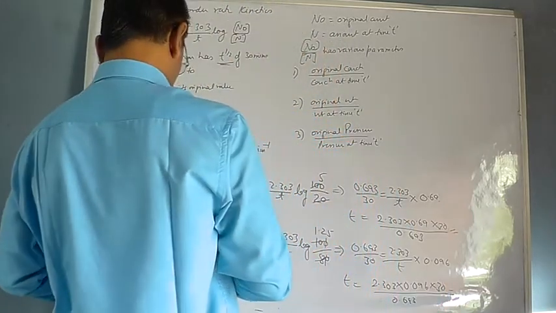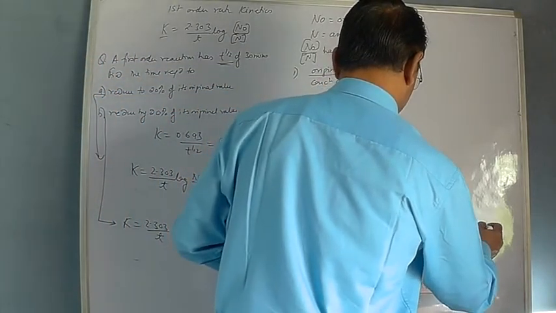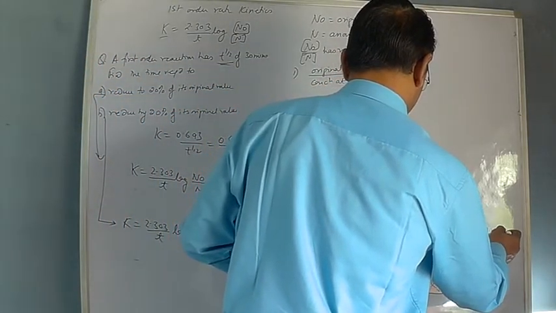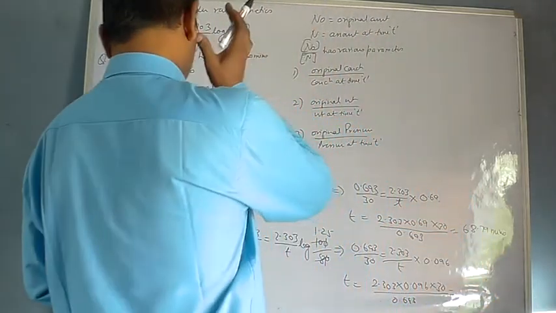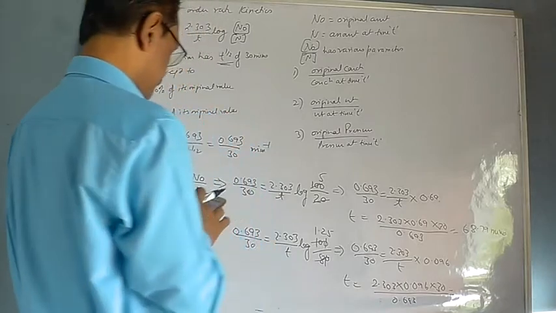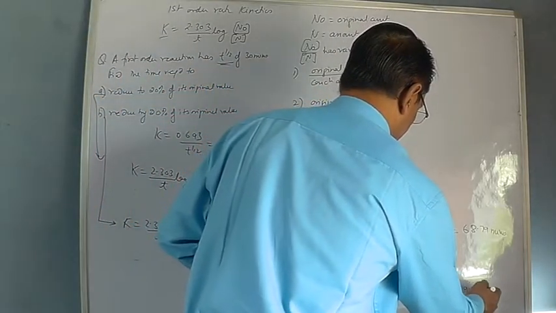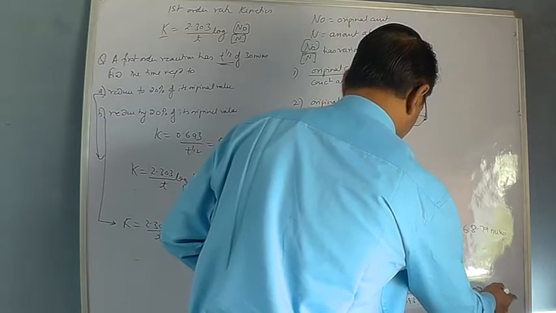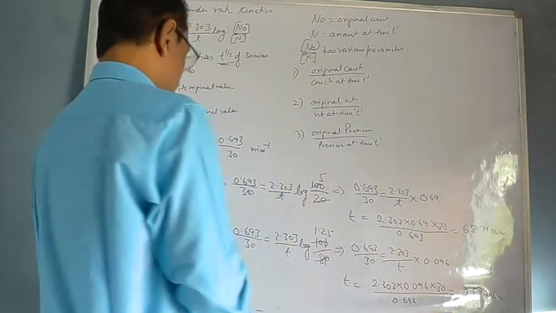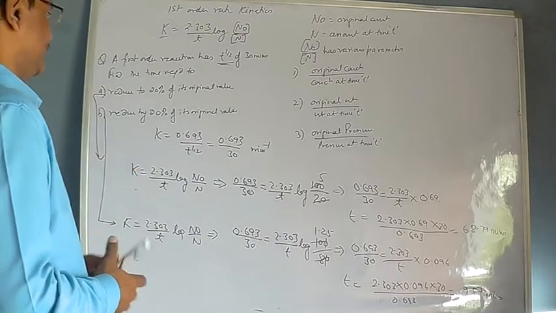That gives you 68.79 minutes. It was for 80% decomposition. That gives you 9.57 minutes. So class, this is the way you will be solving if numericals are given in percentage.